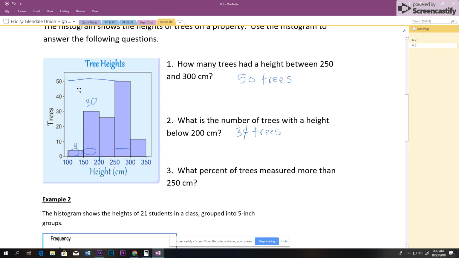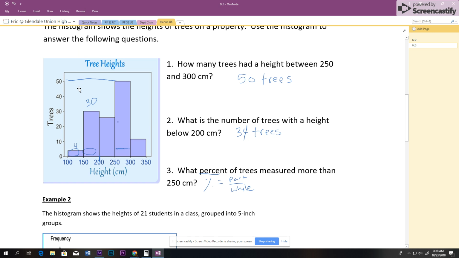Okay, and what percent of trees measured more than 250? Well, you have to understand that a percent is the part over the whole amount. So if we take a look at this tree histogram right here, we need to know how much is represented.